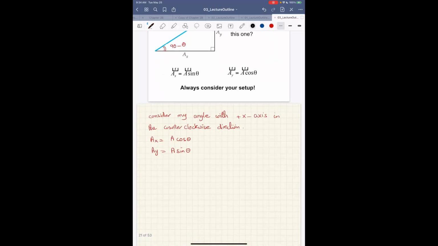For example, if I have a vector like this, my A here, and this one was given to me as 30, I will not consider the 30. I will consider this angle here.